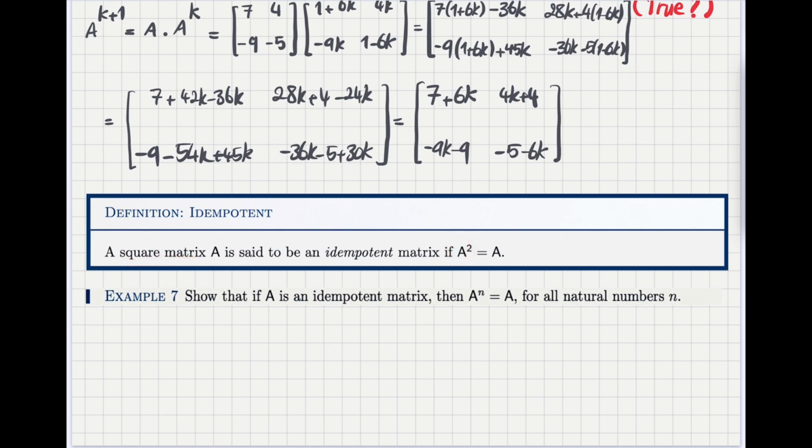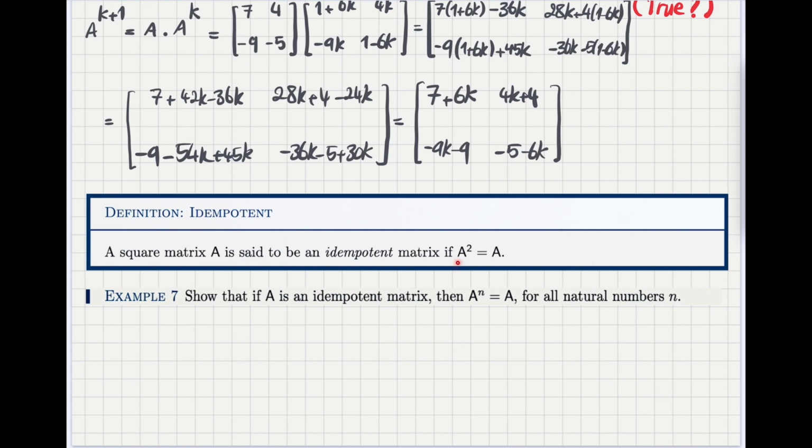So for example, you can imagine a 2 by 2 matrix to see if it is possible to come up with another example of idempotent matrices. I will leave it open, so that would be a good exercise for you to do next time.